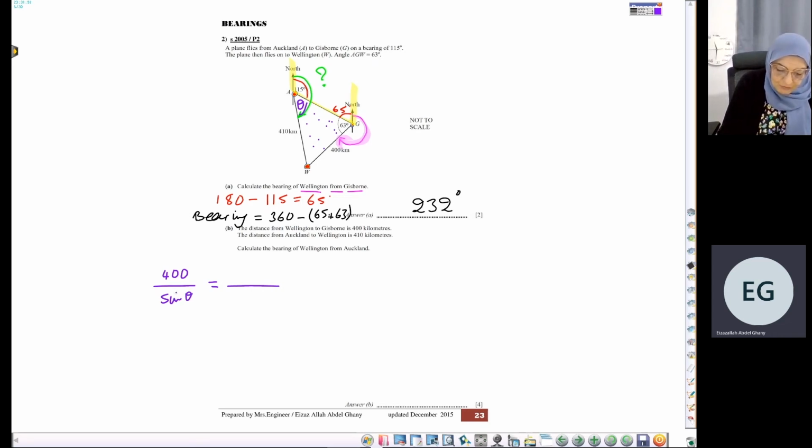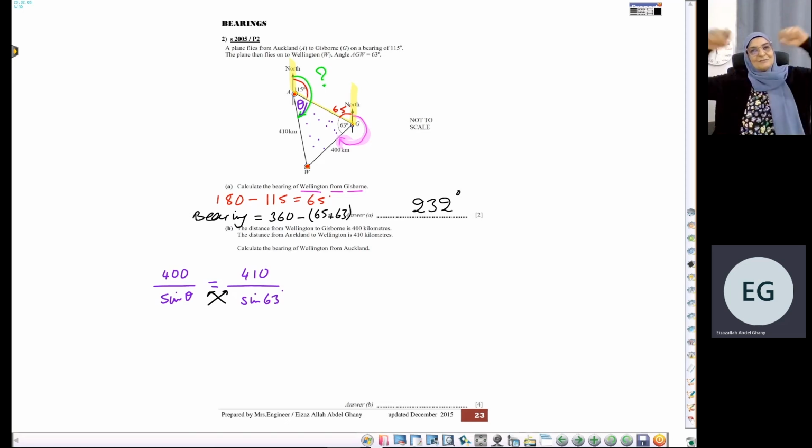And the side opposite to the 63 degrees is 410, 410 over sine 63 degrees. And now fraction equals fraction, then cross multiplication.